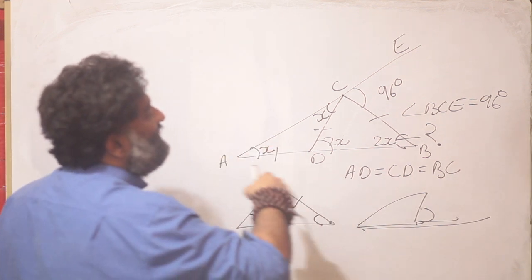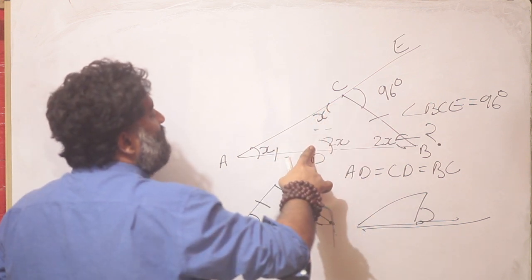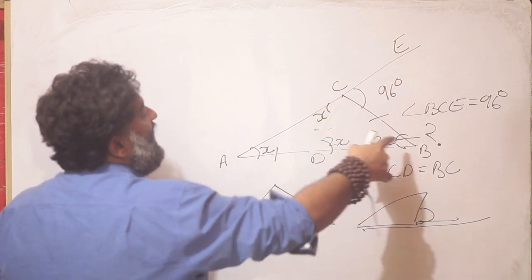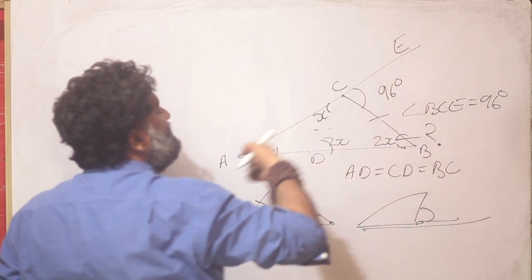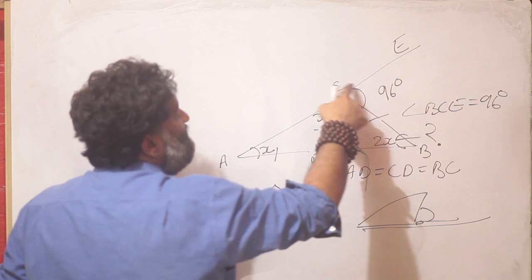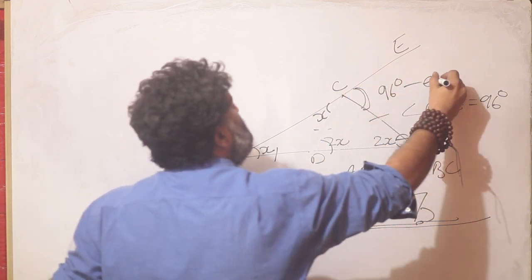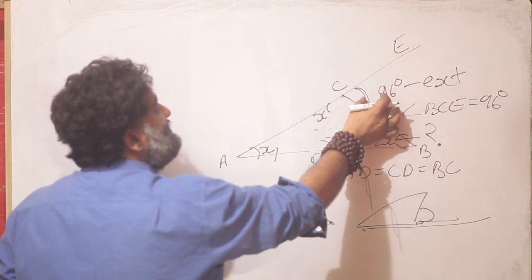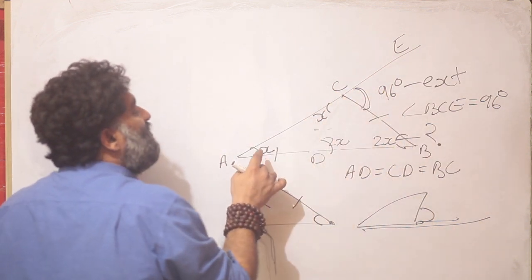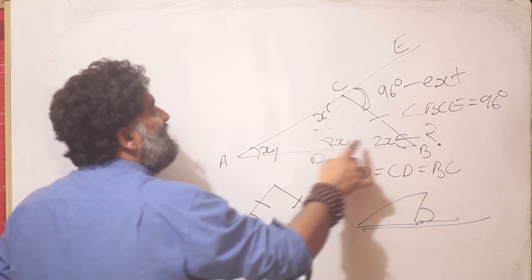Now at this point there are multiple ways of going about it, but perhaps the faster way is, forget this line for a bit and notice the triangle ACB, and CE is created by extending AC. That means this angle is the exterior angle for the triangle ACB, so it is going to be the sum of the opposite angles, x plus 2x.